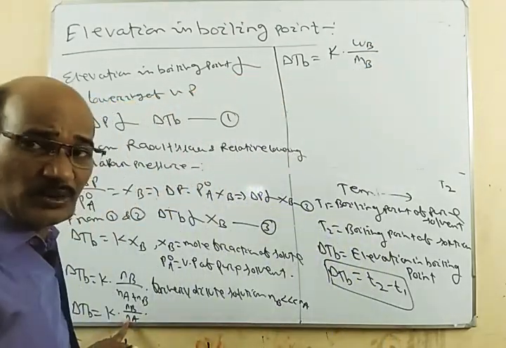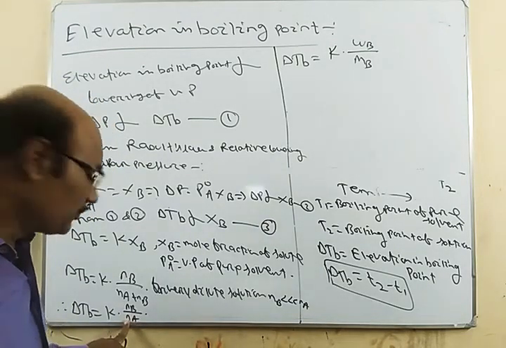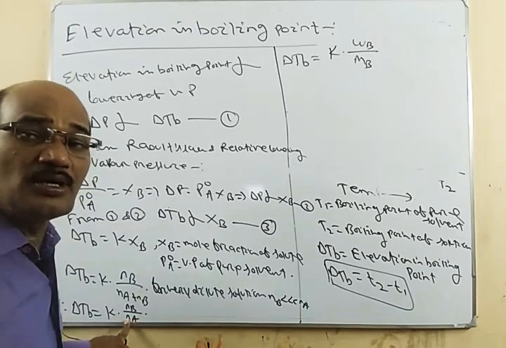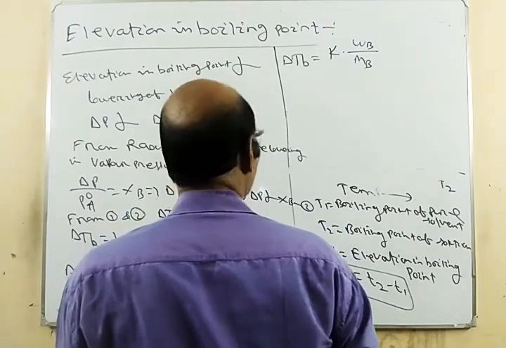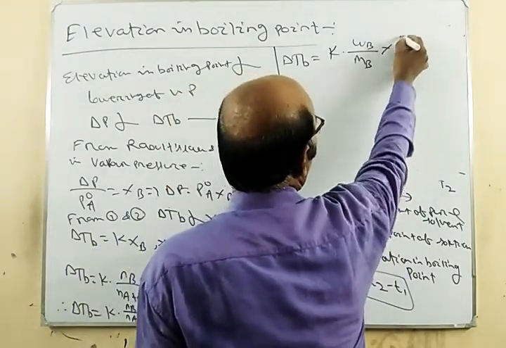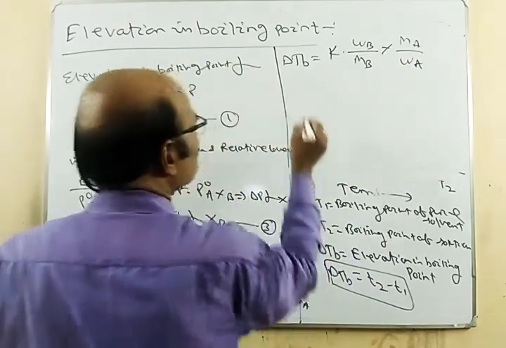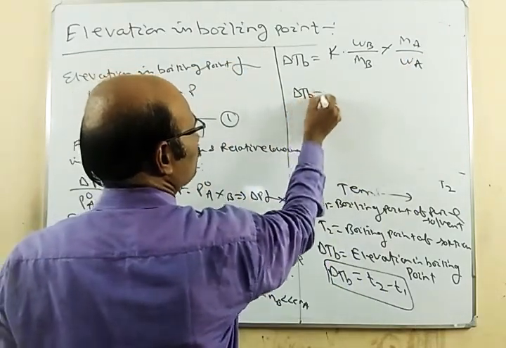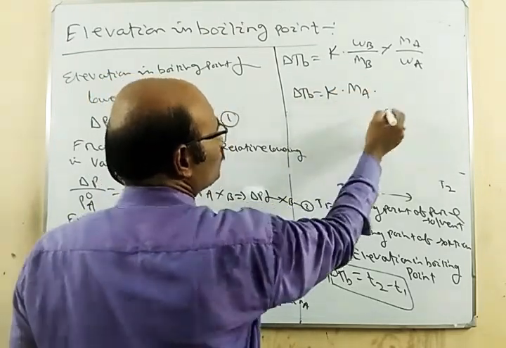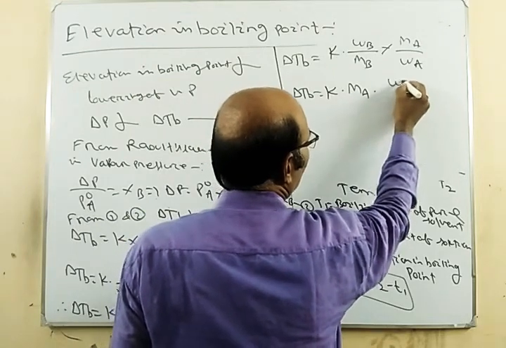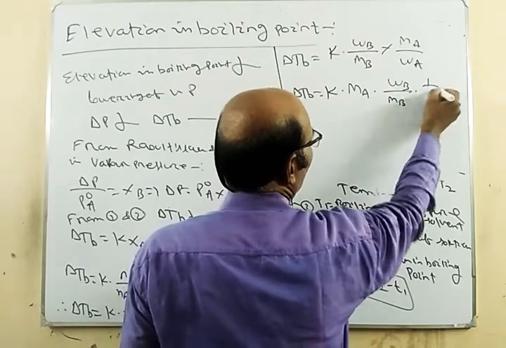NA, the number of moles of solvent, is equal to mass of solvent divided by molecular mass of solvent, so NA equals WA by MA. So delta TB is equal to K into MA into WB by MB into 1 by WA.